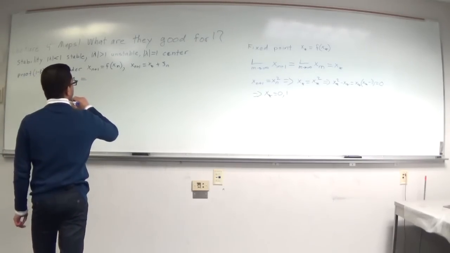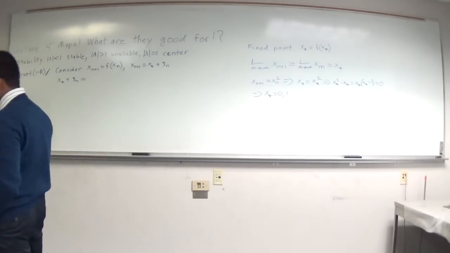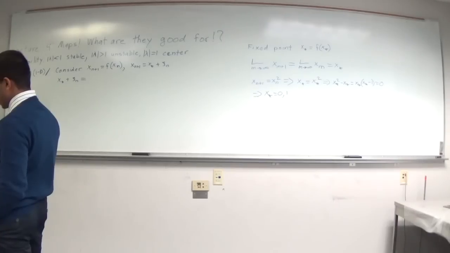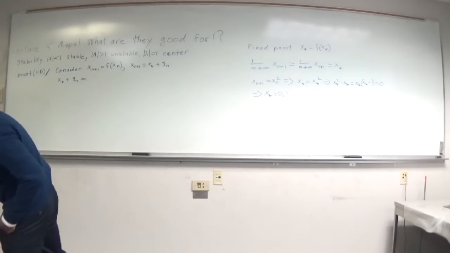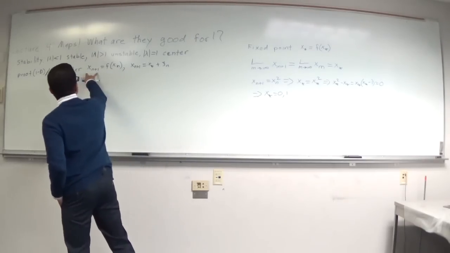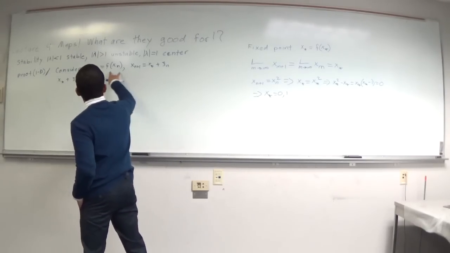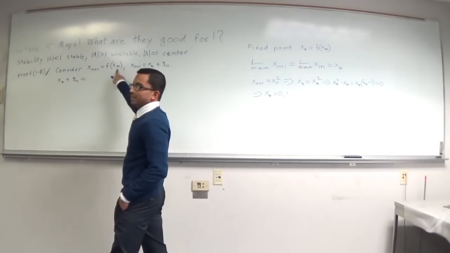equals, let me see how I wrote it. I should have written it like this. We're going to take this, plug it in here, and then we're also going to plug it in here, except we have x_n here.